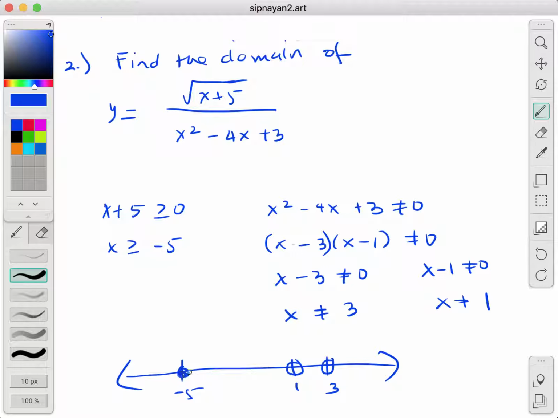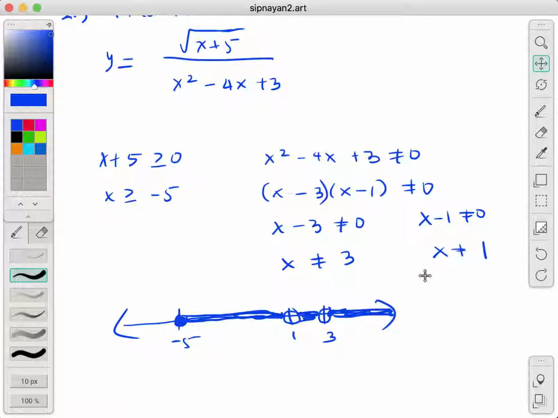So, from negative 5, lahat ng numbers from here up to here. Siyempre, hindi niya tatamaan yung 1, no? Kasi not equal to 1. Tapos, from here to here. And from here up to here. To positive infinity. So, meaning the domain, no?